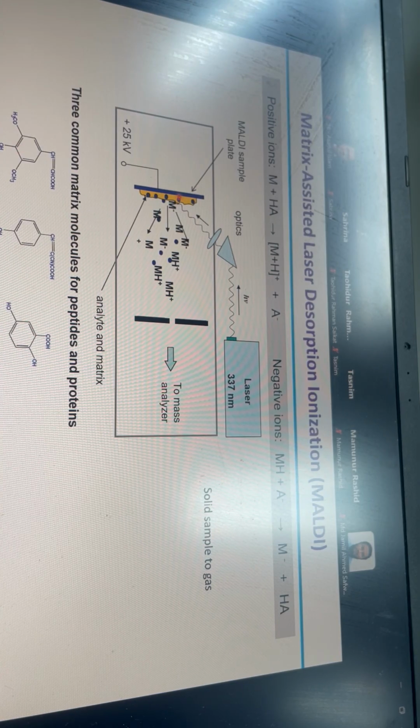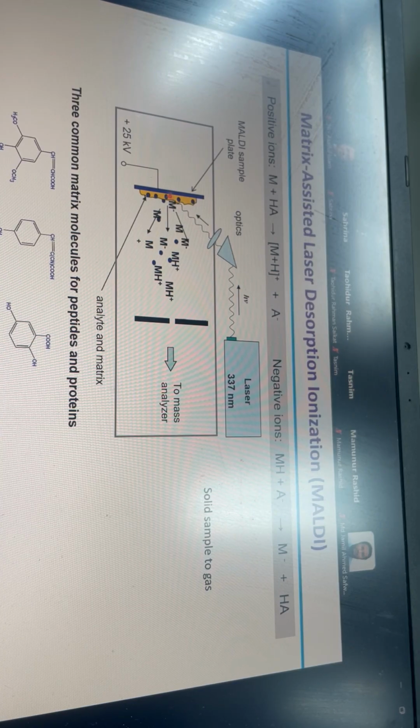Okay, so you have matrix molecule and you have analyte. Your analyte needs to be prepared with the matrix molecule, and you solidify them and apply them to a MALDI plate. There are small wells in the plate, and you deposit your sample with matrix molecule.